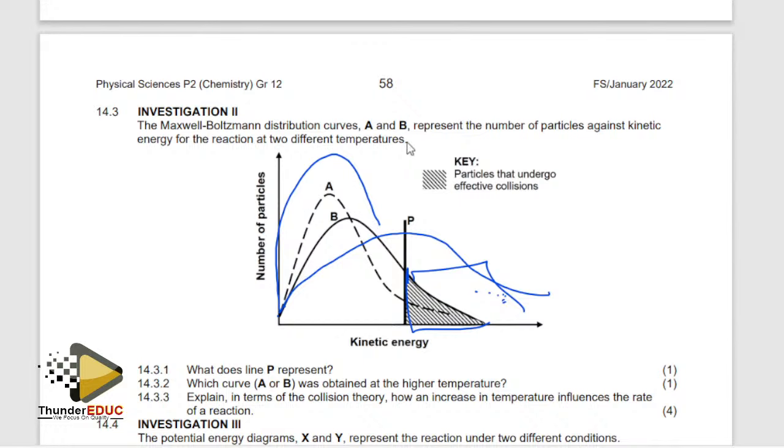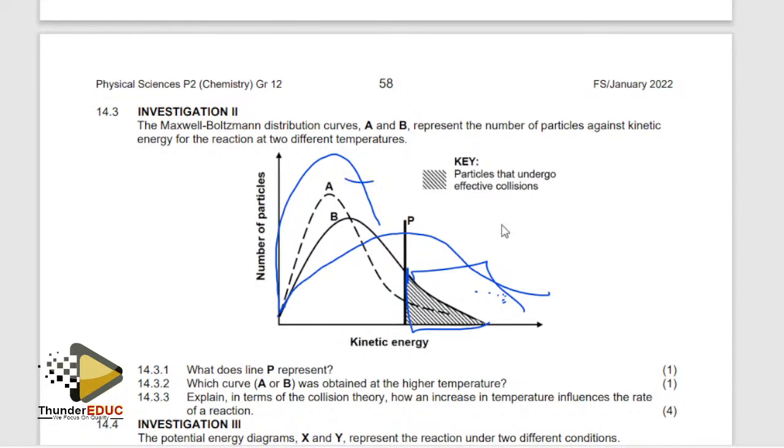Then when they ask you how do you explain the reaction rate using the collision theory, or the increase in temperature or catalyst, please make sure that you know. When you explain this, there are some things we are looking at.